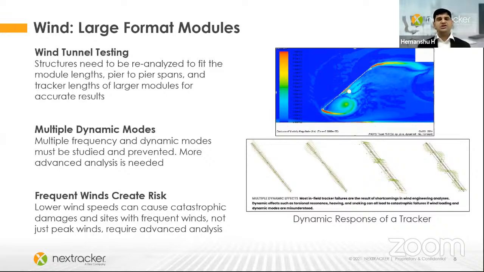So even constant lower wind speed can actually cause damage on the larger format modules. And so these wind studies will help us analyze those effects and come out with suitable improvements on the tracker design to mitigate some of the things that the large format module can cause on the design of the tracker.